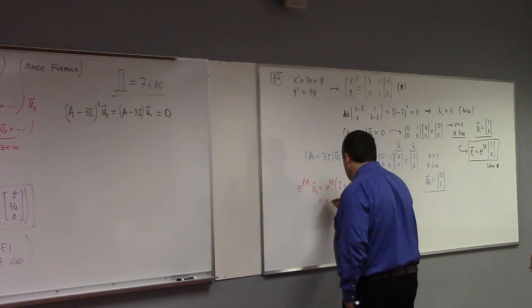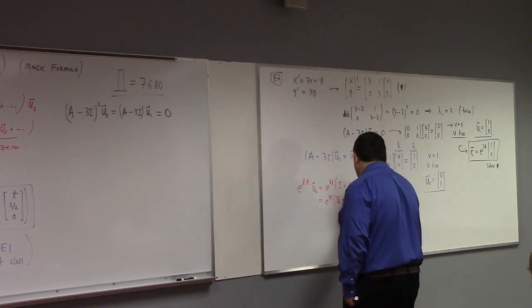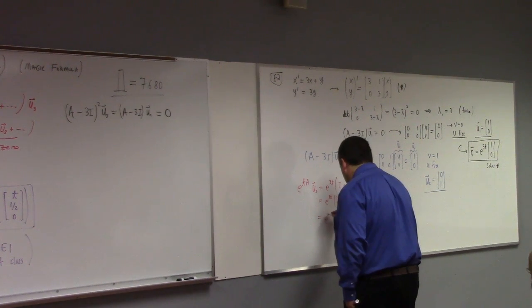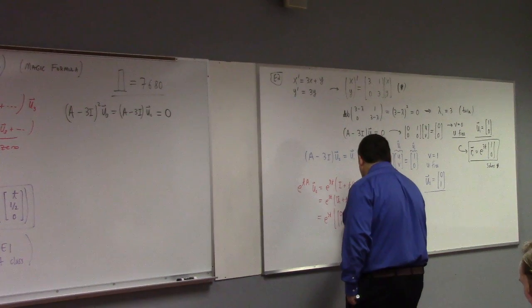And that gives me e to the 3t times (u2 plus t u1), which in this case is e to the 3t times ((0, 1) plus t times (1, 0)).